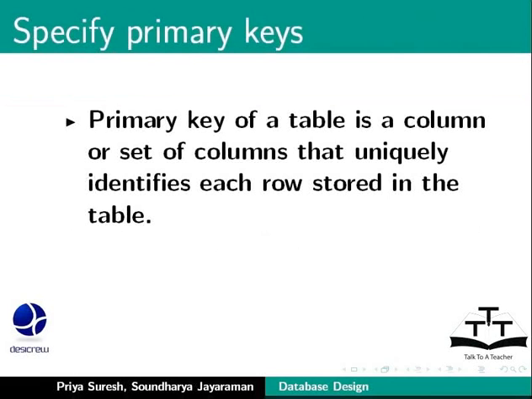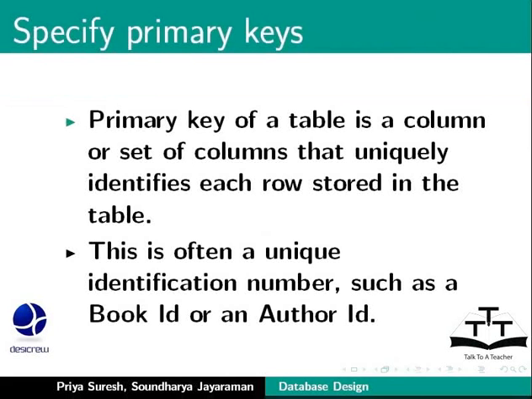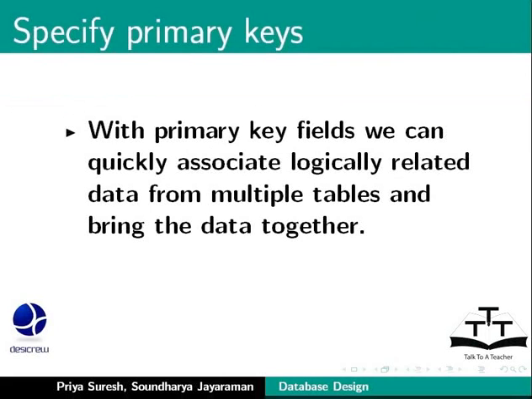This column or set of columns is the primary key of the table. This is often a unique identification number, such as a book ID or an author ID. We can use the primary key fields to quickly associate logically related data from multiple tables and bring the data together for us.